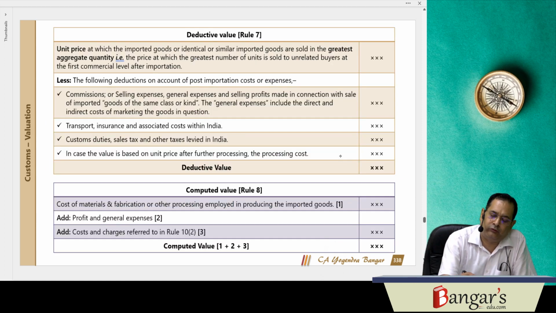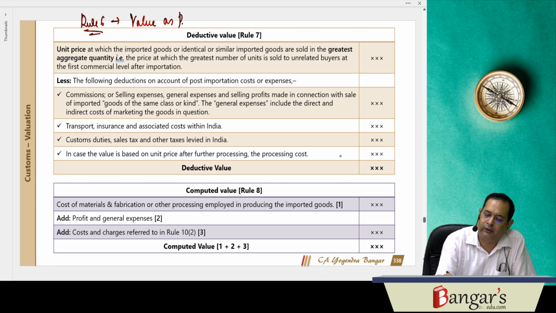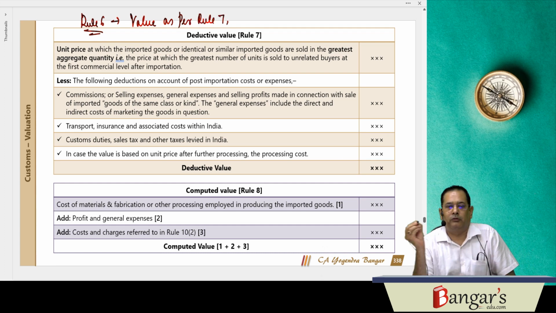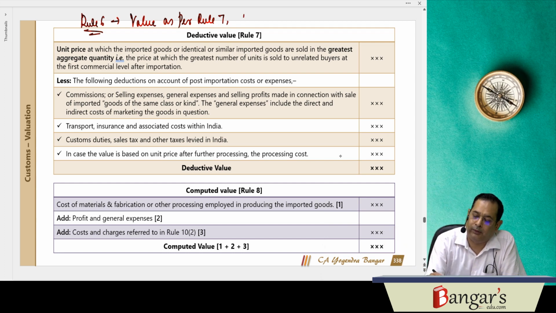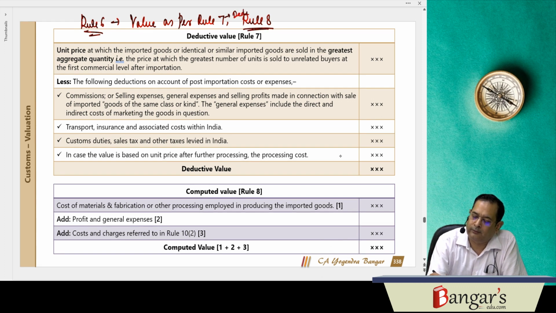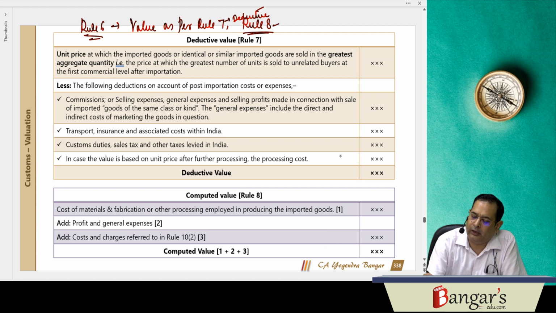Then what does rule 6 state? Rule 6 states that the value is to be determined as per rule 7, and if the value cannot be determined as per rule 7, then the value is to be determined as per rule 8. That is, first is deductive value, and then computed value.